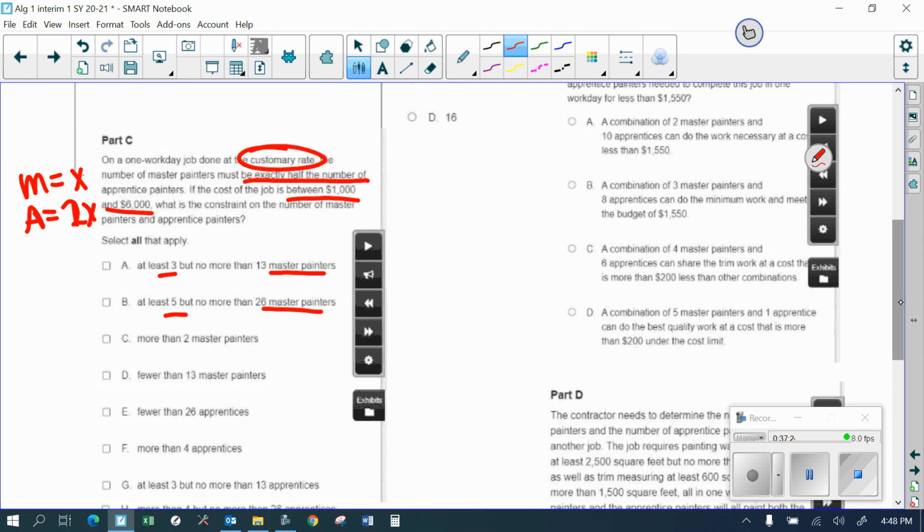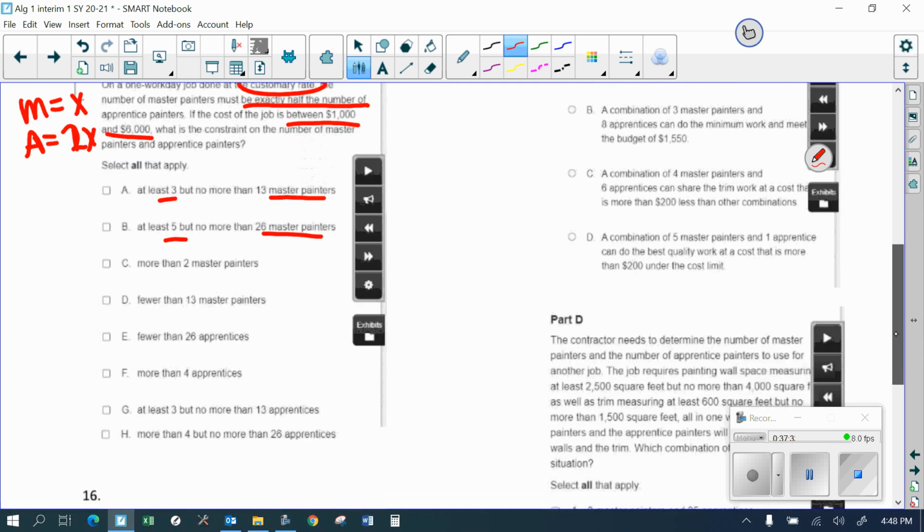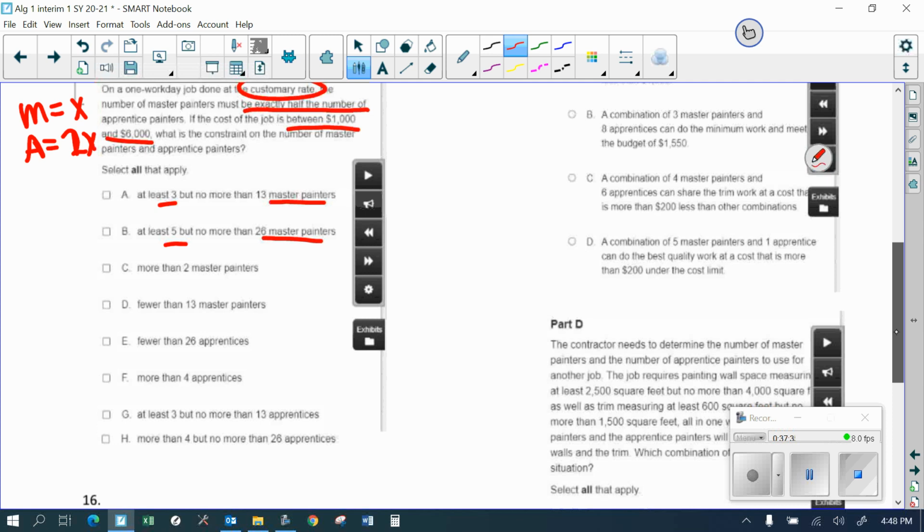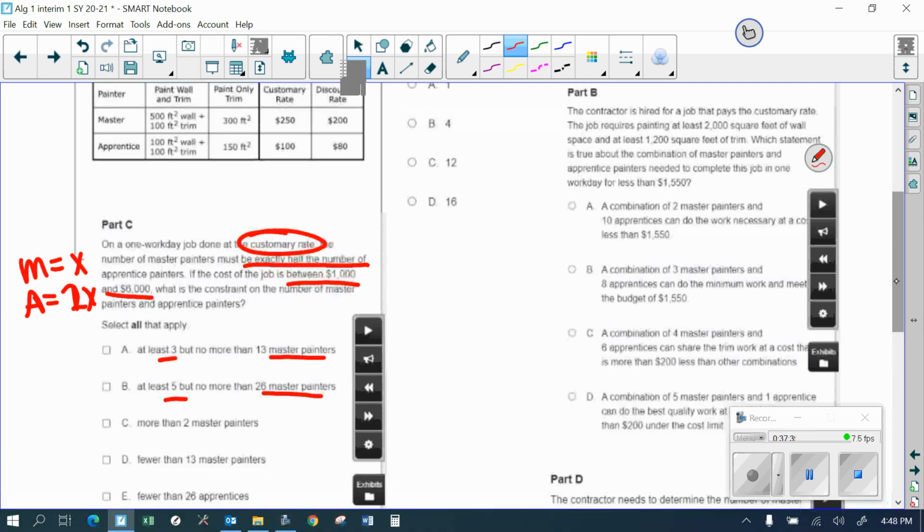More than 2 master painters, fewer than 13, fewer than 26, more than that, at least 3, no more than 13 apprentices, and more than 404, but no more than 26 apprentices. So this is an awful lot more work here. If the cost of the job is between 1,000 and 6,000.